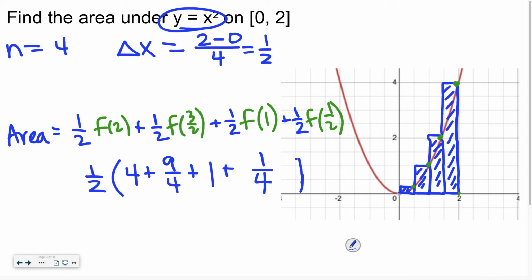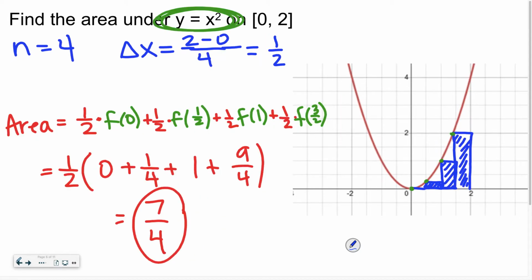So just to save you some time, this comes out to 15/4. It's not surprising that this is more, because we can see that our rectangles are over the curve. Okay, we know that this is an over approximation. We know that from our picture, the left-hand one is an under approximation because all of these rectangles sat underneath of our curve.